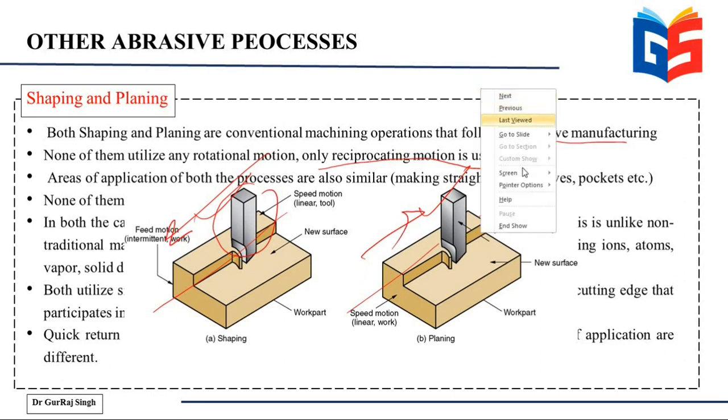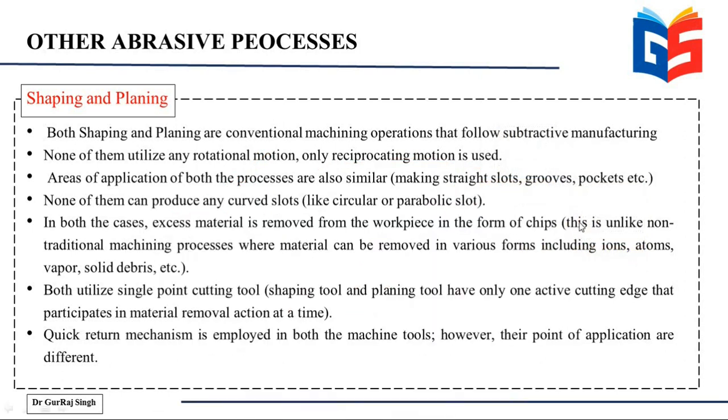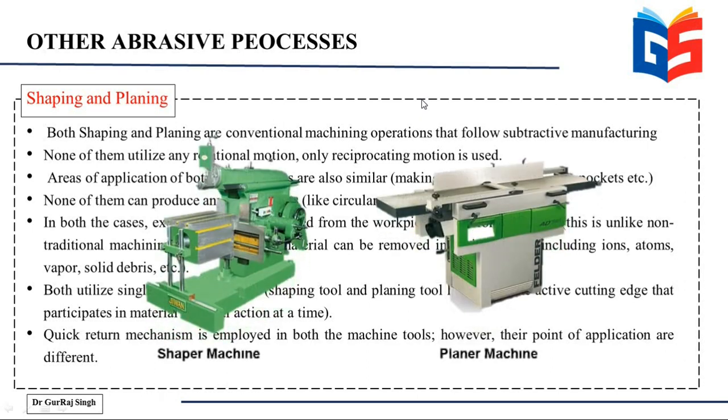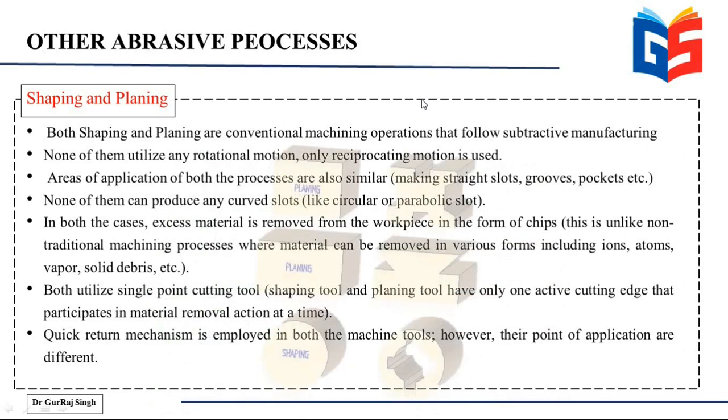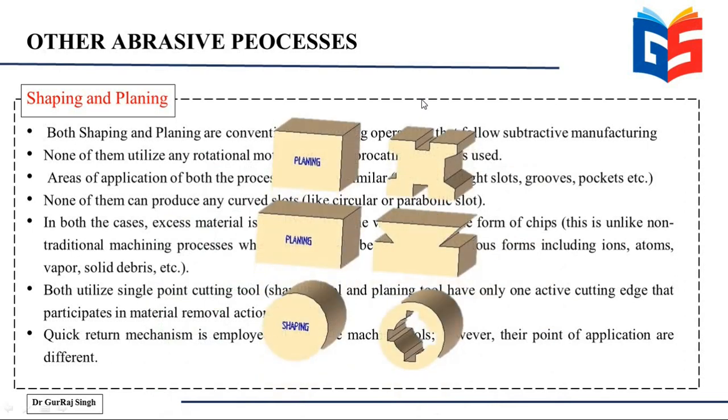So that is the basic difference between shaping and planing. The areas of application of both these processes are also similar. They're used for making grooves, slots, pockets, etc. On the left is a shaping machine, and on the right is a planer machine. And these are the different shapes which can be made using either shaping or planing: grooves, slots, pockets, etc.